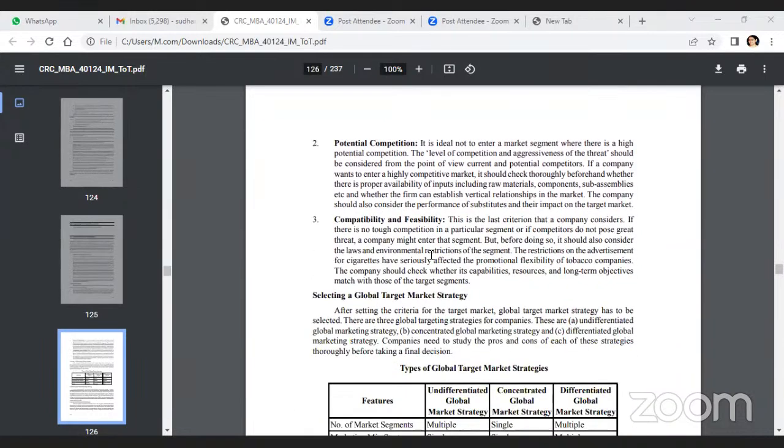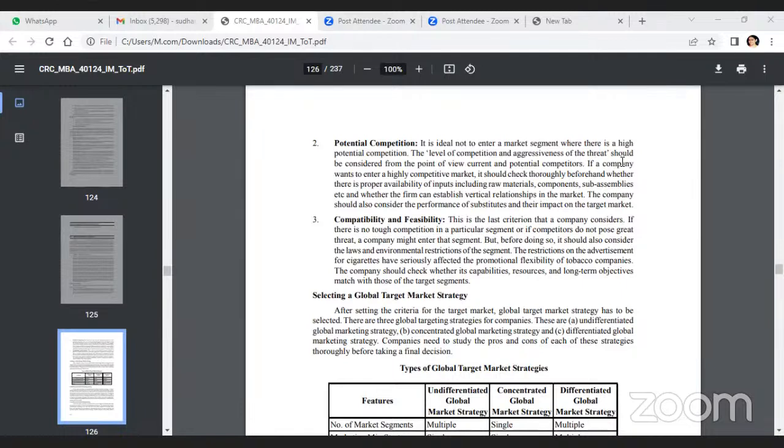Next criteria is potential competition. Who are our competitors, and to what extent are we supposed to compete with our product? The level of competitors, the extent of the competitors' expectations, and to stand and sustain in the market, to what extent can we compete in the targeted segment?